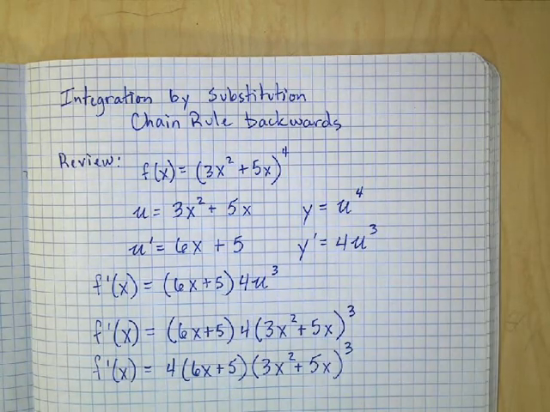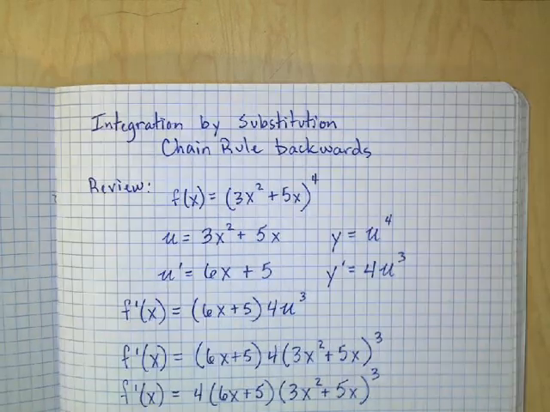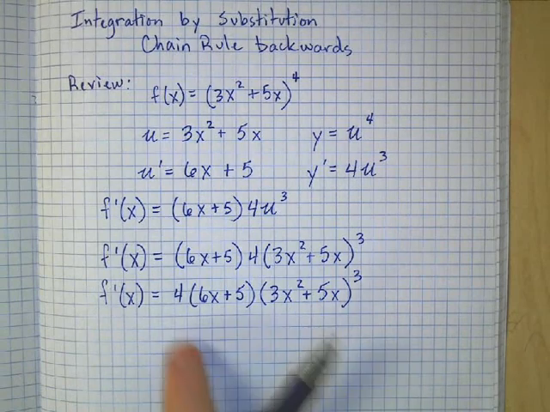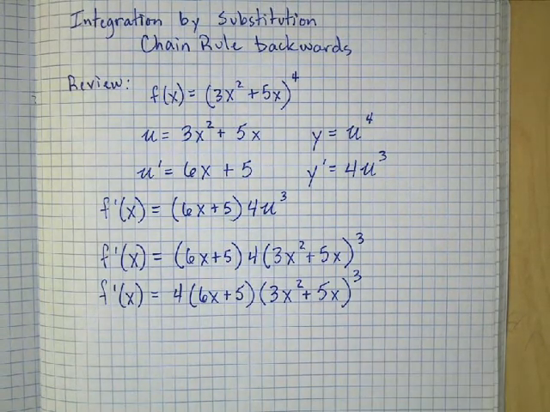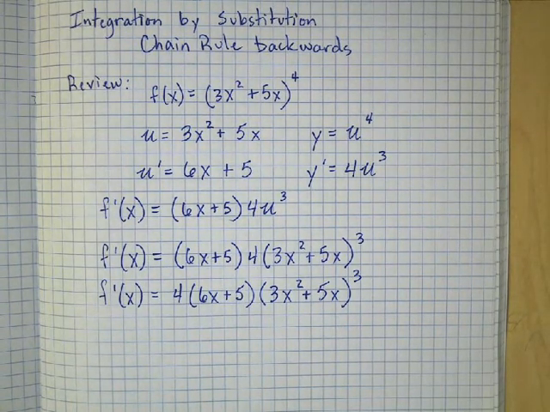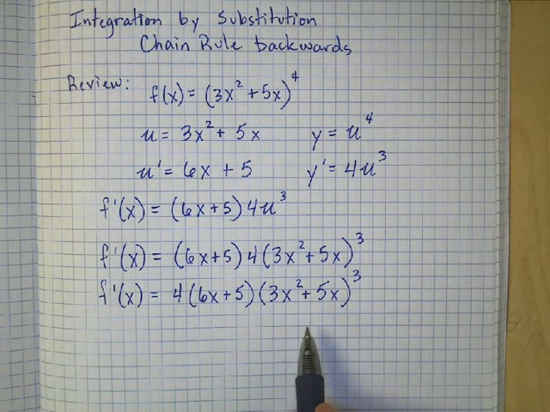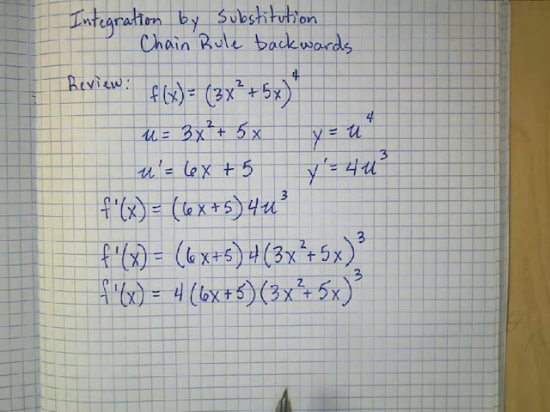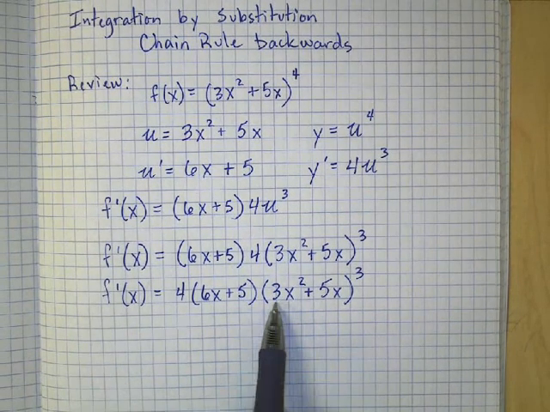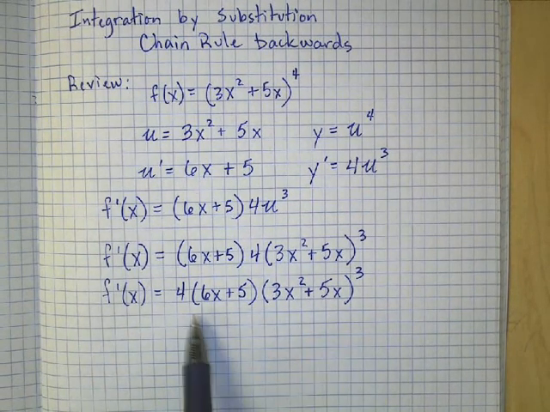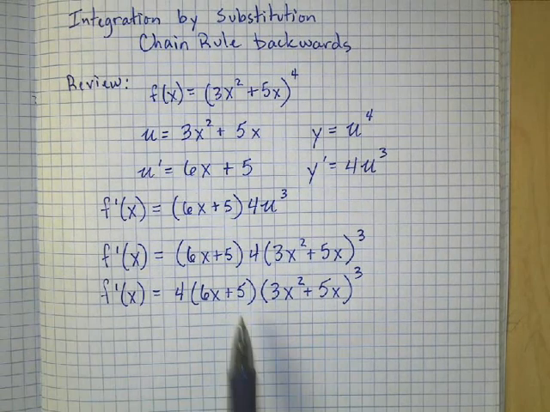Okay, so when we integrate something fancy like this, what we first want to do is analyze it and recognize, do we have something that could be u and something that could be the derivative of u? So notice I've got 3x squared plus 5x. The derivative is 6x plus 5. Okay, so we're going to write that down.